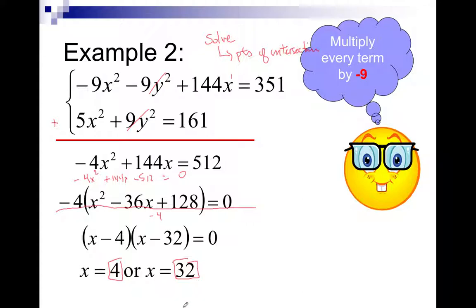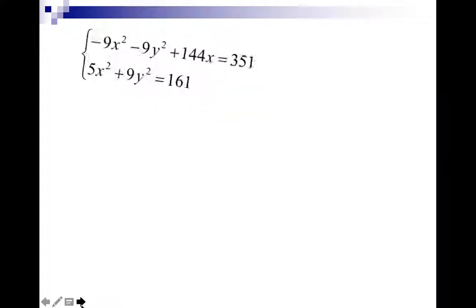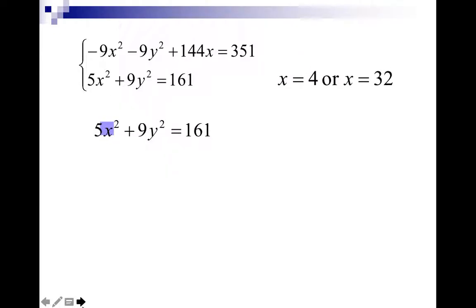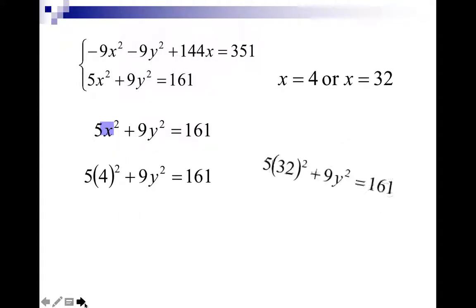I would do the one with the least amount of terms, right? So here I am with my 4 and my 32. I went to the equation 5x squared plus, because it just has the least amount, and I'm going to put a 4 into there, and I'm going to put a 32.